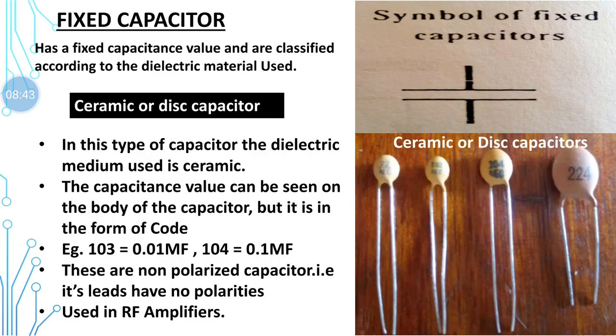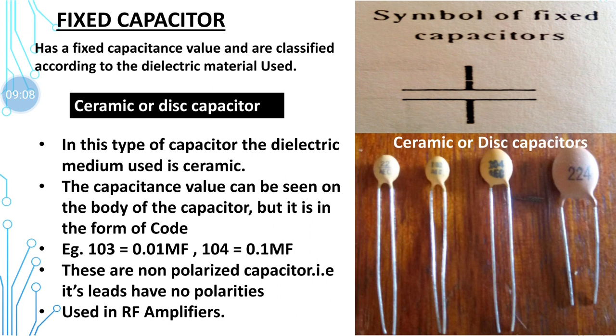Fixed capacitors. Fixed capacitors have values classified according to the dielectric material used, as I said before. Its symbol is as shown here. A ceramic or disc capacitor has a capacitance value imprinted on its surface. It needs to be decoded.